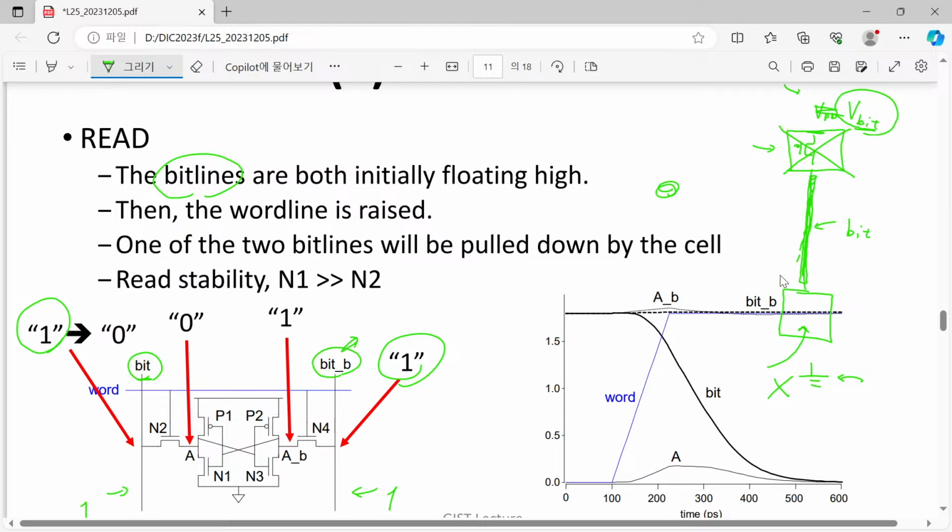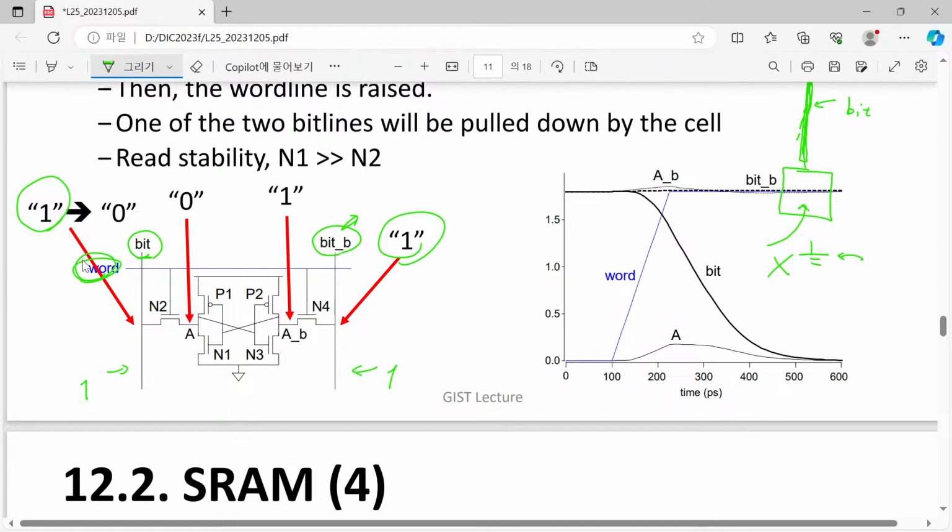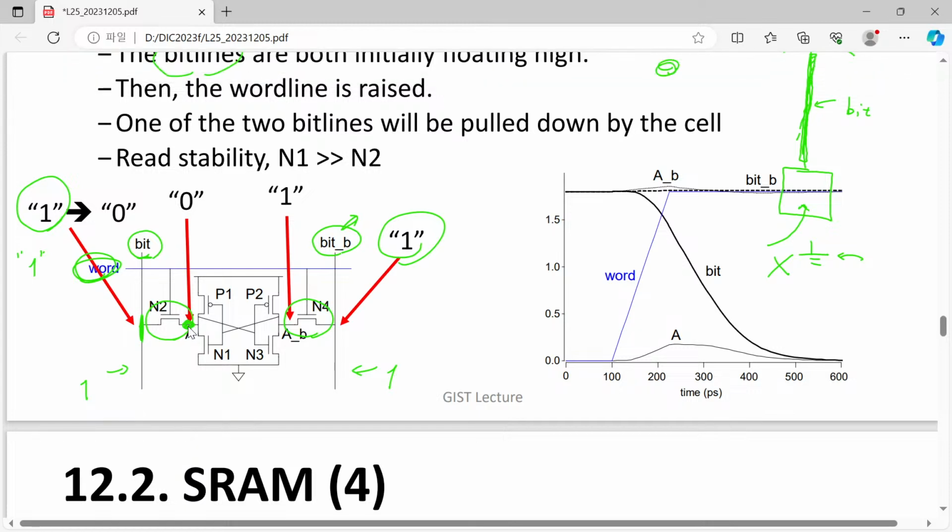Now our word line is asserted. Asserted means it becomes 1. Then both of our transistors provide a connection between the floating bit line and this storage node, and also between this storage node and the bit line bar.